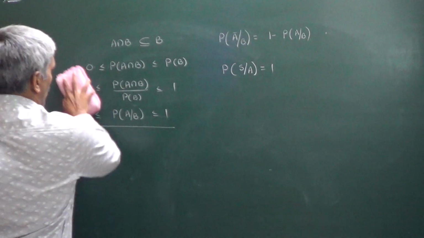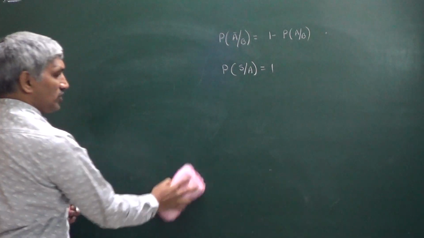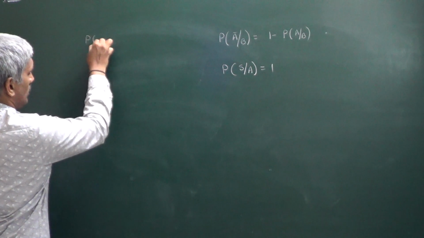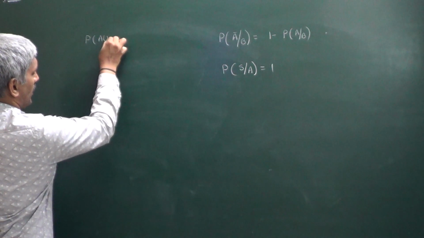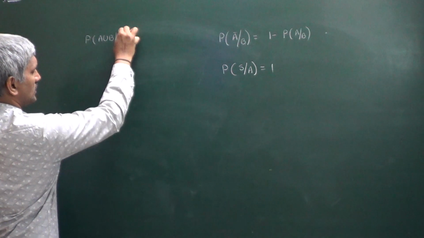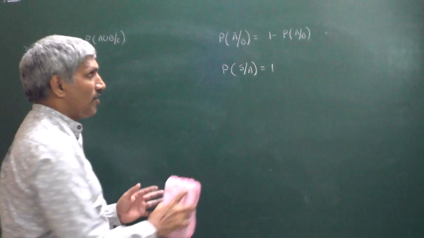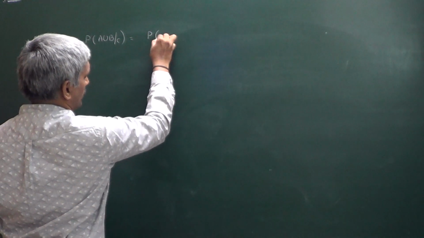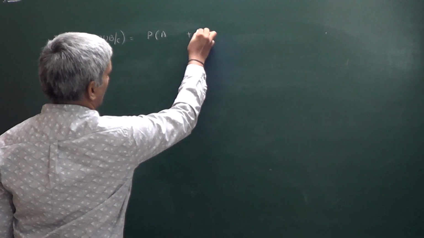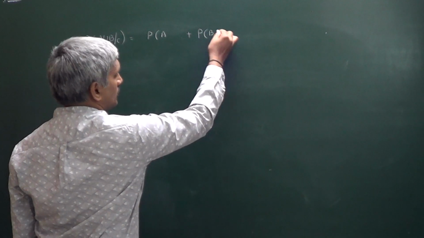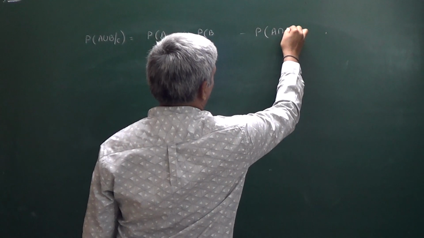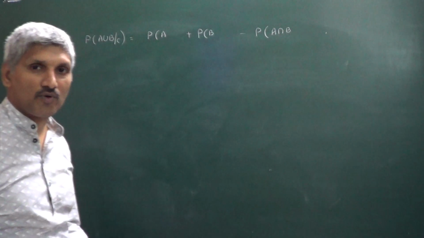I hope everyone is familiar with conditional probability and the addition theorem on probability. P(A ∪ B | C) is equal to, what is P(A ∪ B)? P(A) plus P(B) minus P(A ∩ B), that is the addition theorem on probability.